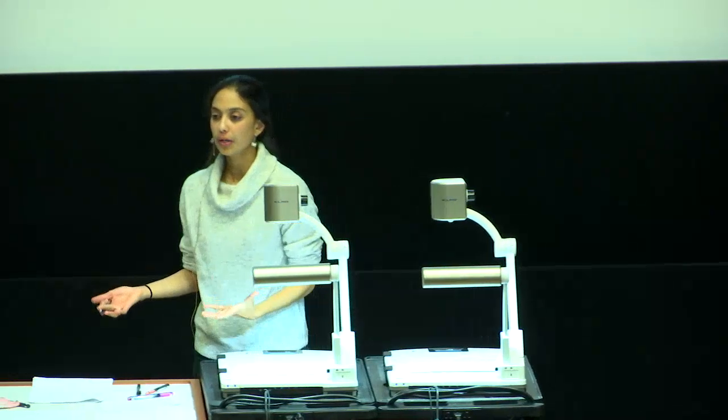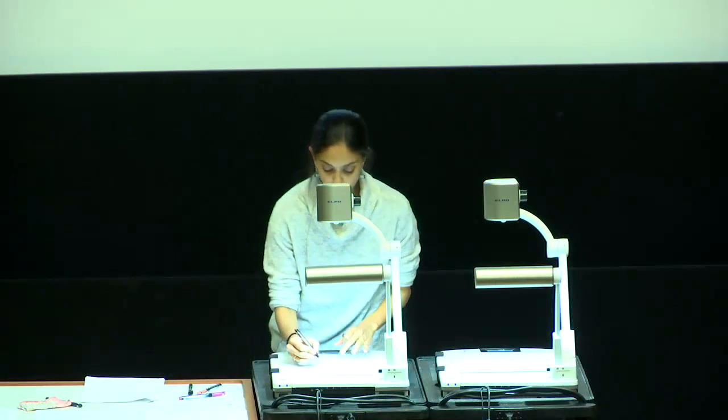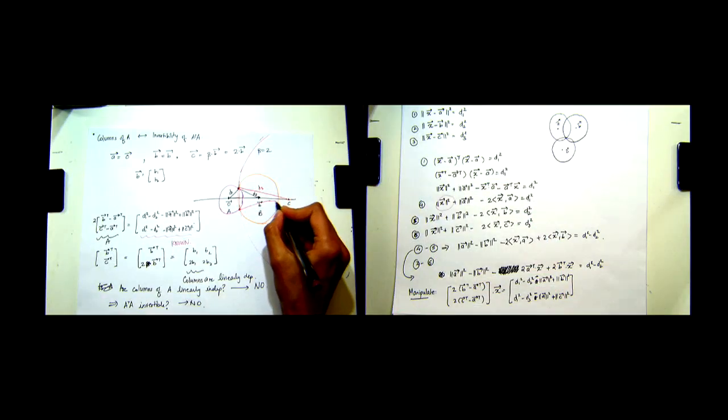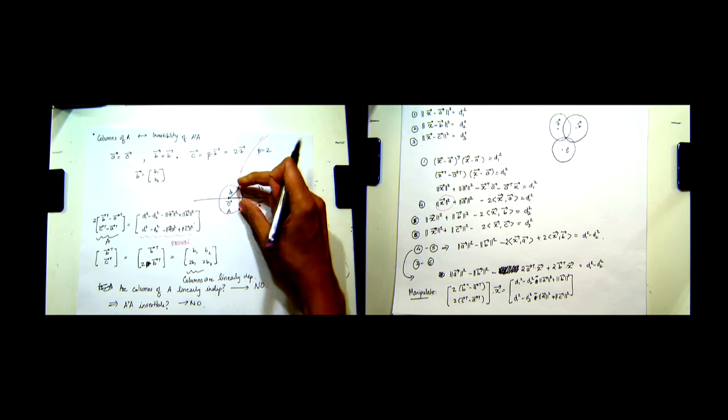Is there a unique point? No, I have 2 points, right? These 2 points are both satisfying this system of equations. So should we expect a unique solution to this system of linear equations? No, right? And is the math telling us exactly that?